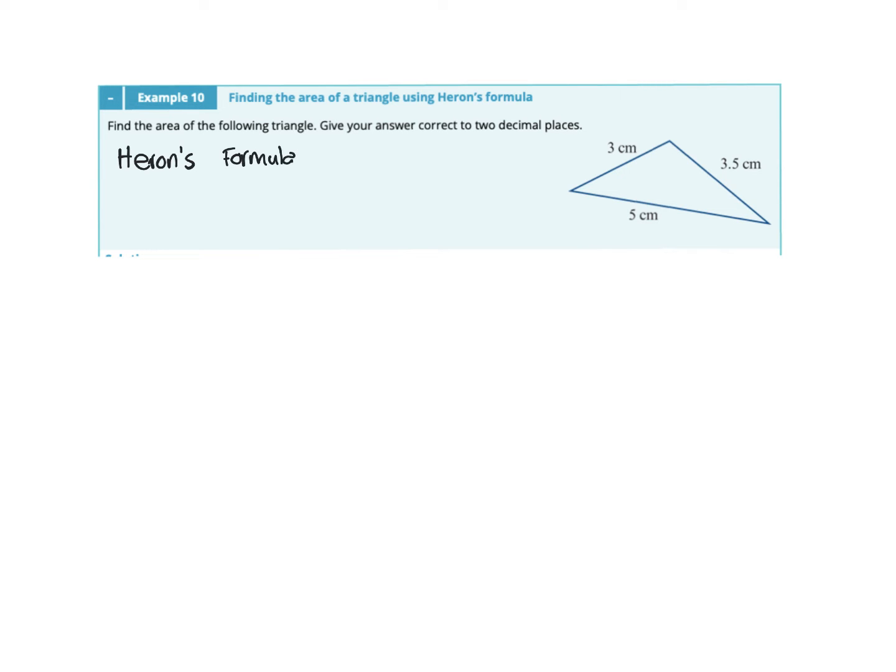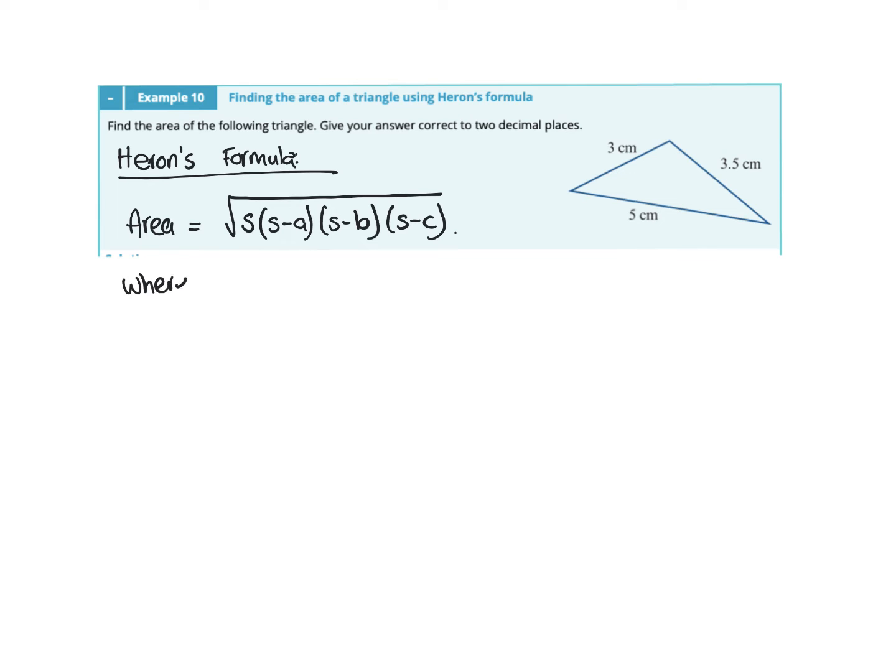So Heron's formula for a triangle: area equals the square root of S minus A, S minus B, S minus C, where you found S by going a half of all the sides added up.